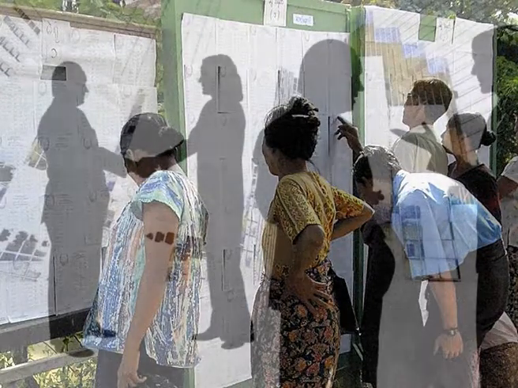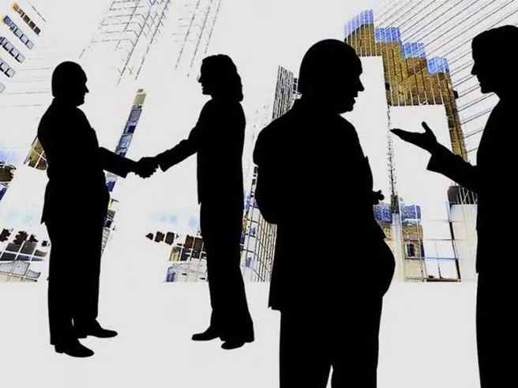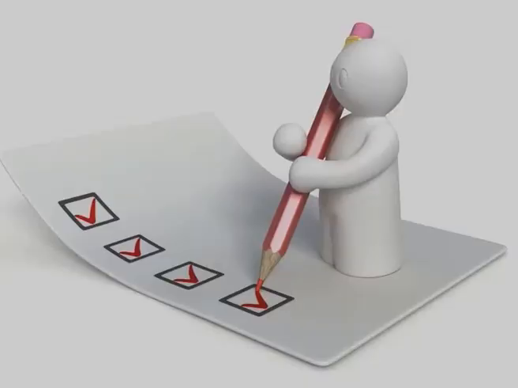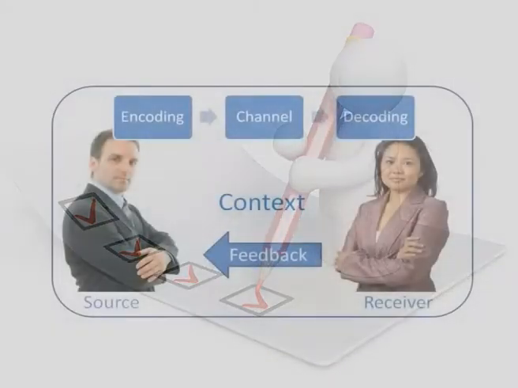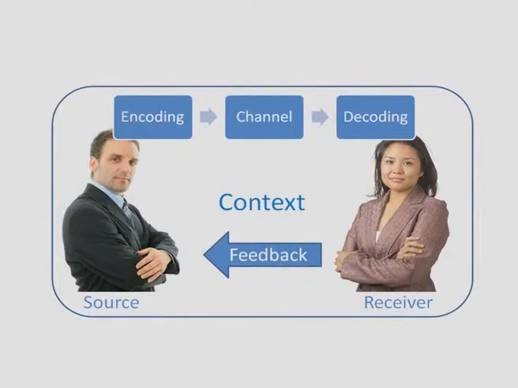So, essentially we are looking at communication as a transaction between individuals. When we say communication is a transaction, it immediately highlights and brings into focus the role of feedback.